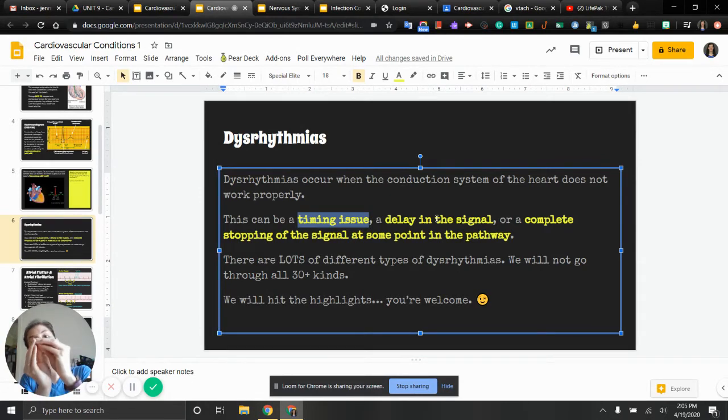You can actually have a delay where one bundle branch will send the signal through really fast and the other one will kind of slowly go through, and that will cause an issue. There can be a complete stopping of the signal. So once it gets to the AV bundle, it just stops and it doesn't progress to the branches or the Purkinje fibers. That would also cause an issue.